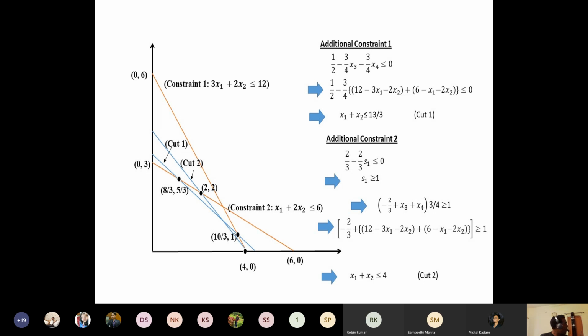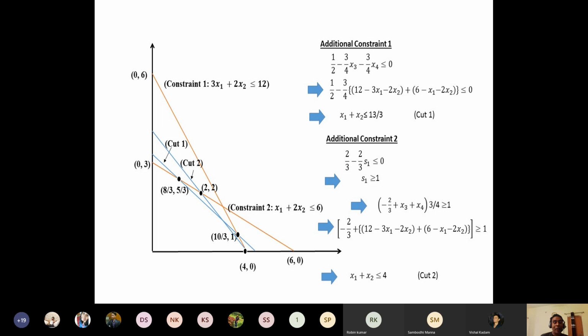And if we put this s1 value in your original constraint equation, we will get minus 2 by 3 plus x3 plus x4, 3 by 4 greater than equal to 0, 1. And again, if we put the x3 plus x4 value, we can get this equation. And if we simplify, we can get the equation in terms of x1 and x2. It is x1 plus x2 less than equal to 4.